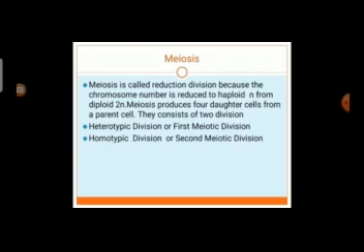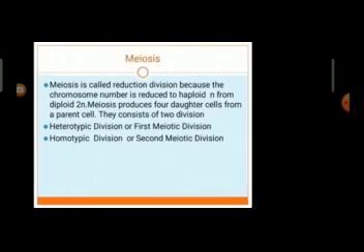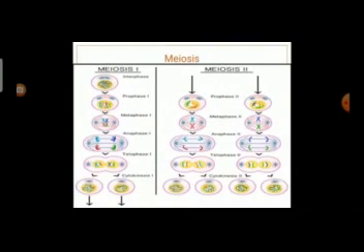Meiosis consists of two divisions. One is heterotypic division, that is called the first meiotic division, and the second one is homotypic division, that is called the second meiotic division. The first one, meiosis 1, the heterotypic division, divides the diploid cell into two haploid cells.